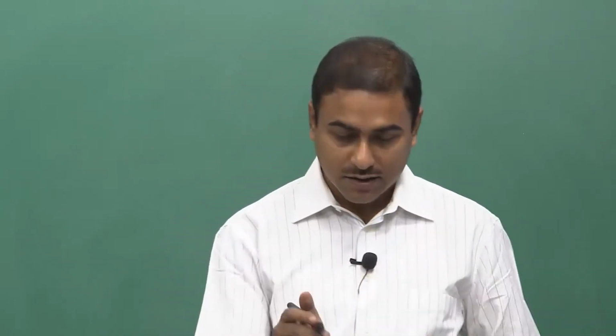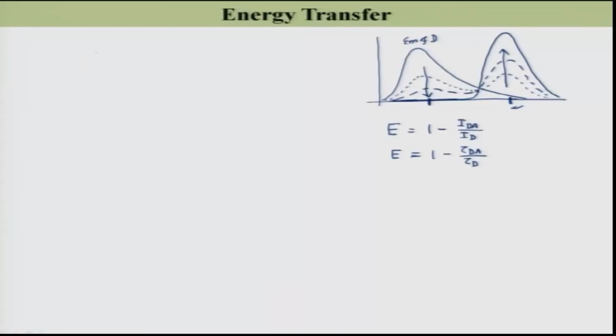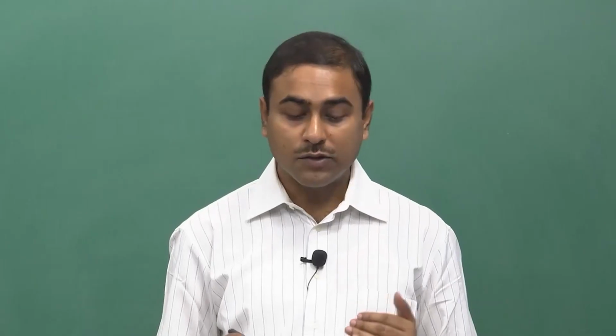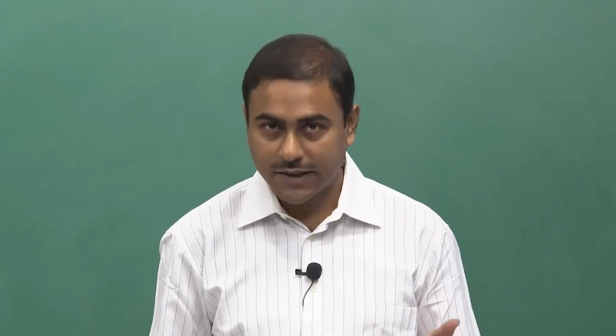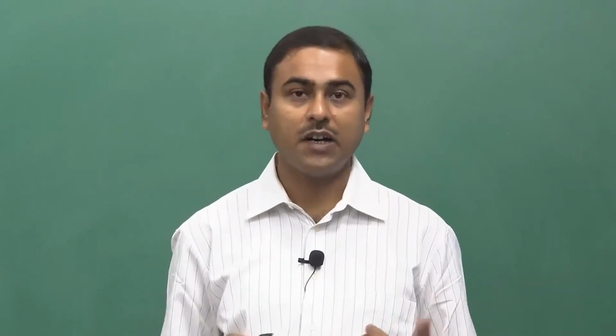Telling this, now I can do one simple thing, I can make a plot like this, where the y axis is my E and the x axis is my R, and now I can comment on what the value of E, that efficiency, will be as I change my R value.